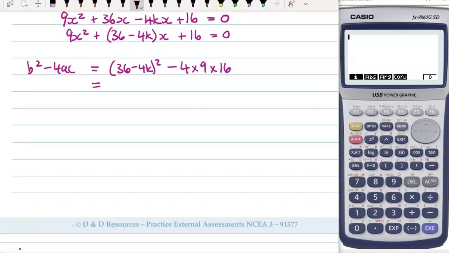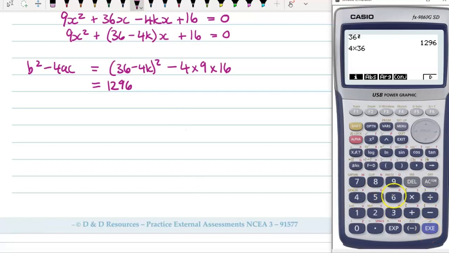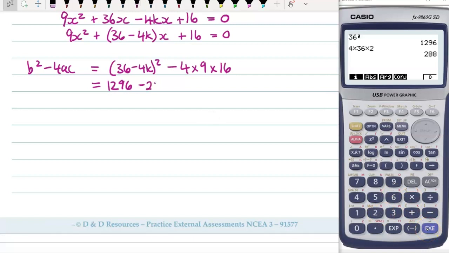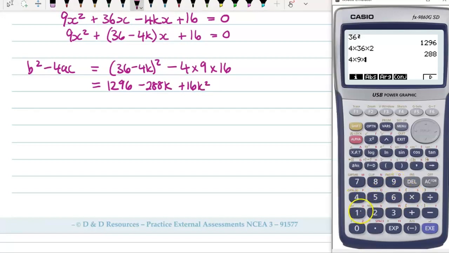So expanding this bracket, 36 squared is 1296. The 4 times the 36 will happen twice over, so that'll be minus 288k, and then plus 16k squared. 4 times 9 times 16 is minus 576.